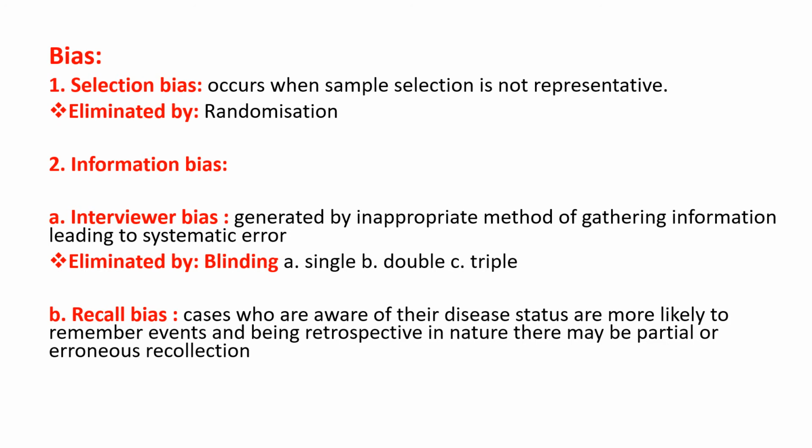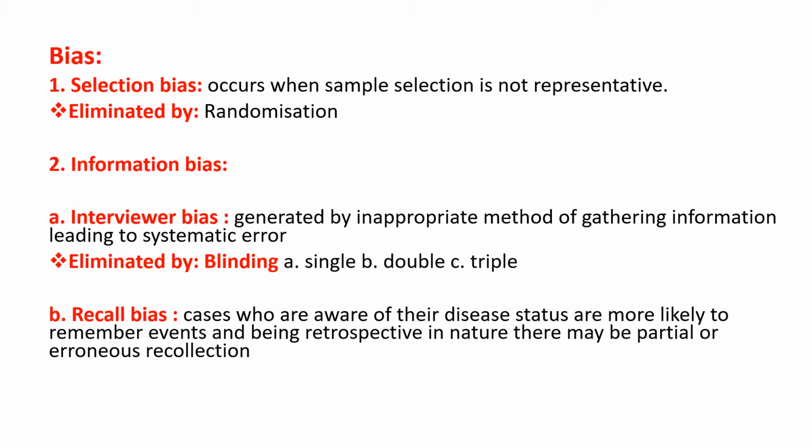Hence, my questions are often framed in such a manner that they prompt the interviewee to answer favorably to my question. And this is eliminated by the process called blinding.